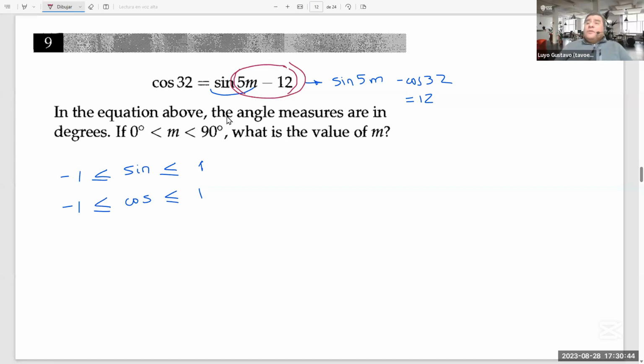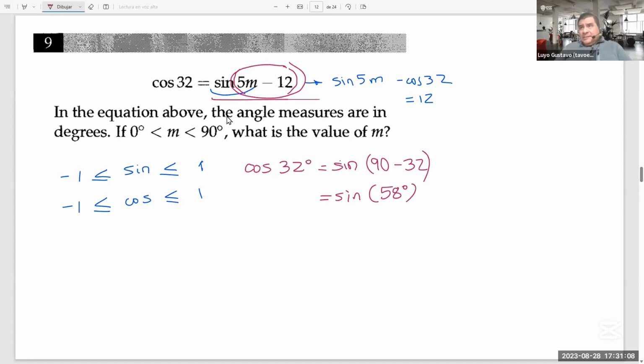So we know from this identity that the cosine of 32 must be the sine of 90 take away 32, in other words, the sine of 58 degrees. Since the cosine of 32 equals this, we can match the two expressions and say that the sine of 58 degrees equals the sine of 5 times m minus 12.